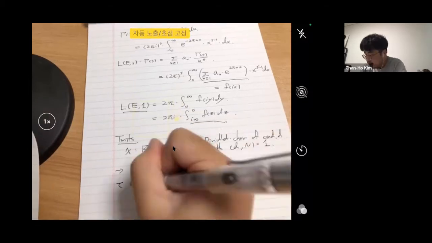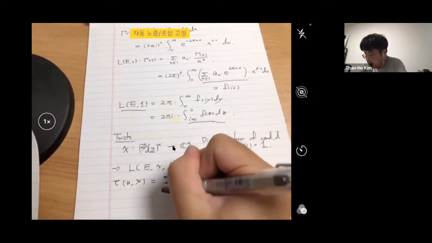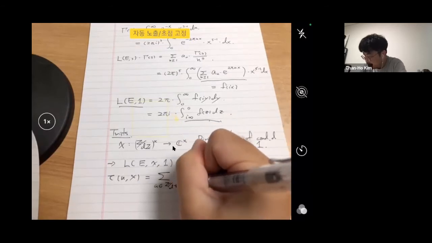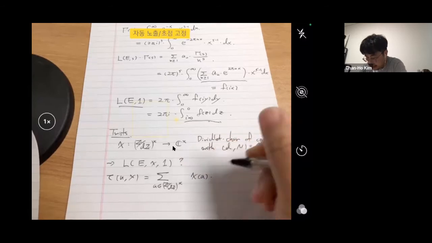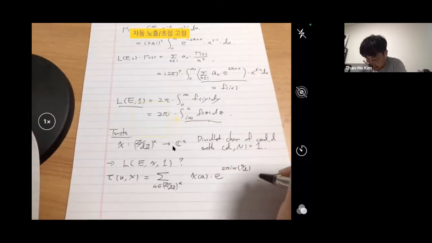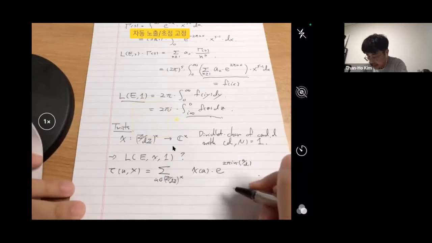So tau_n(chi) is the sum over a running over (Z/dZ)^×, chi(a) times e^(2 pi i n a/D). Then if we put n equals 1, we get the usual Gauss sum.